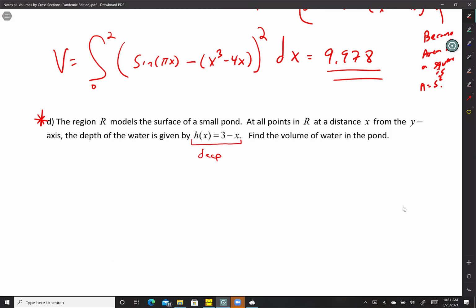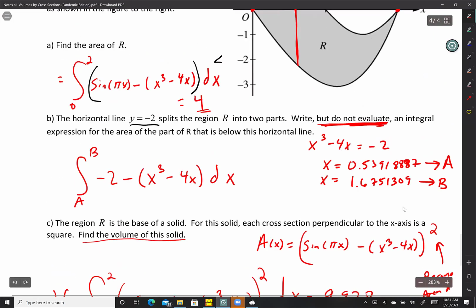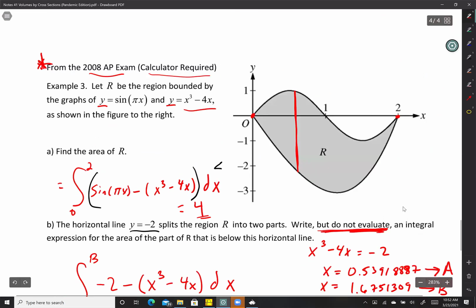Okay. It's okay if you don't see it. It comes with experience, guys. It's the same process. Each cross section is a what? It's not a square, but it's similar to a square though. Now it's not coming out of the paper, it's going in, but it's the same concept. Each cross section is a what?